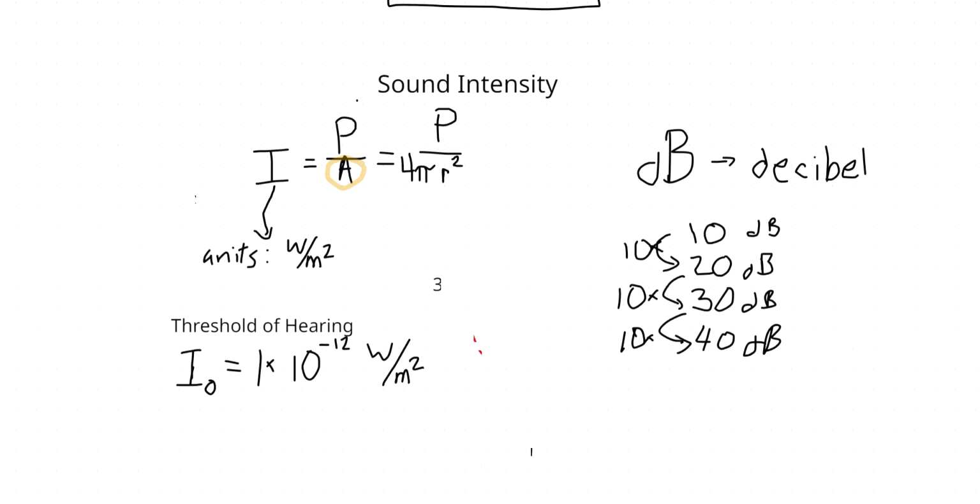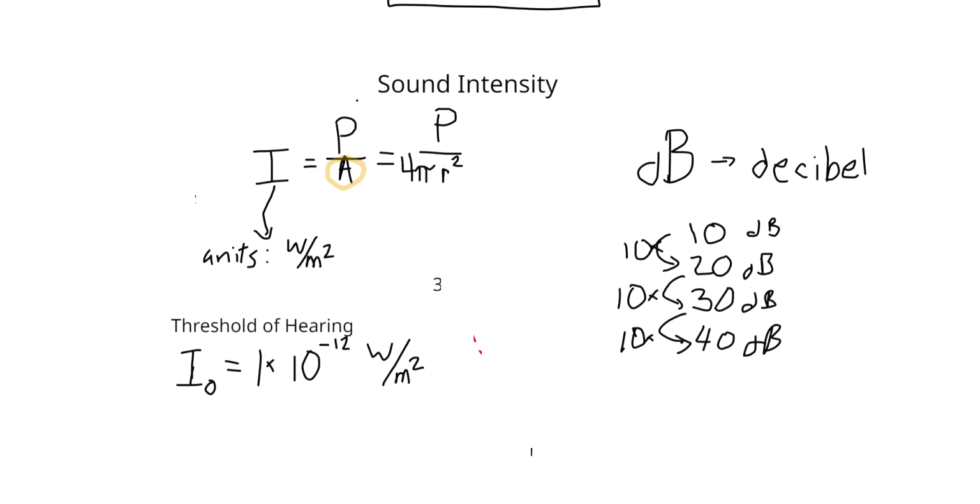So 10 decibels to 30 decibels is 100 times louder. And from 10 to 40 would be 10 cubed, 10 times 10 times 10, so 1,000 times louder. So this is not a linear scale. It's called a logarithmic scale, and if you've dealt with logs in your math class, maybe you have a little bit of knowledge on that.